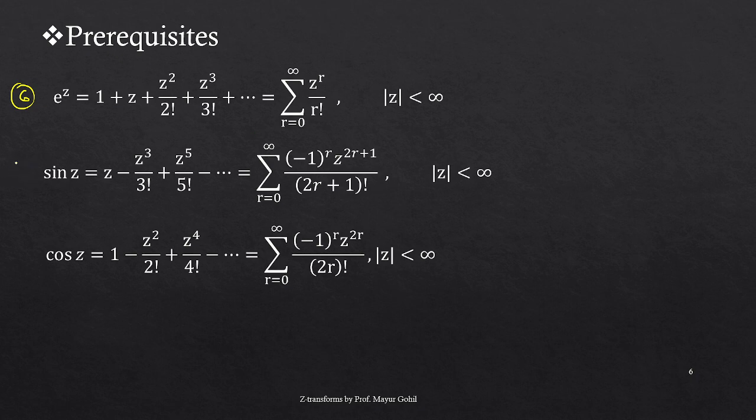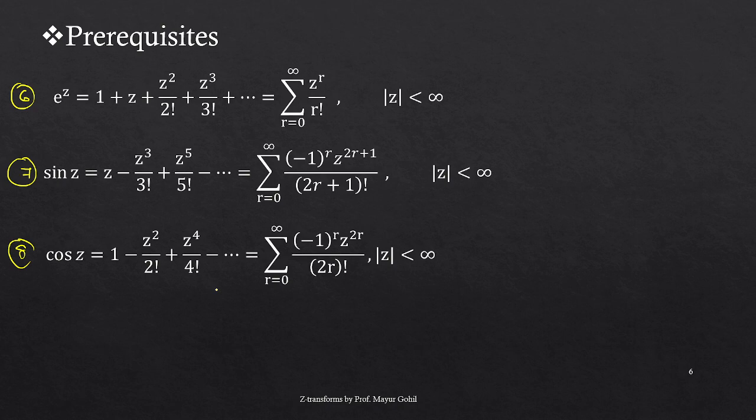And again, the derivations of sin z and cos z are from the sixth formula. We won't go into the detail of the derivation, but we will take the formulas as they are over here, so you can trust it and we can go further. We do not have to go for the actual derivation.